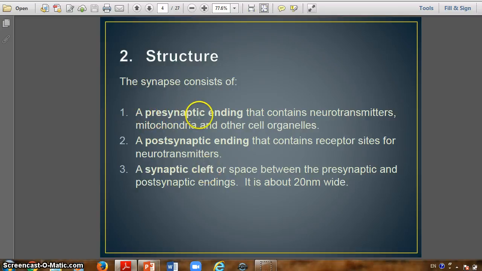The presynaptic ending contains neurotransmitters, mitochondria, and other cell organelles. The postsynaptic ending contains receptors in its membrane, which are the site for the attachment or binding of the neurotransmitter.